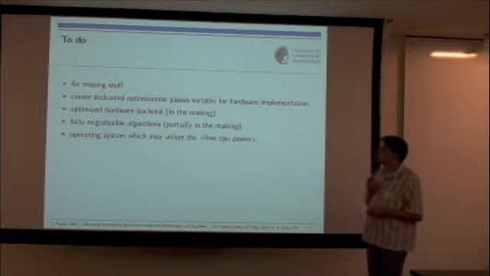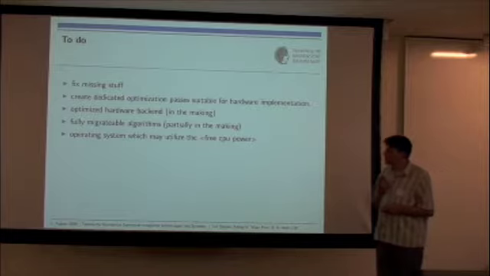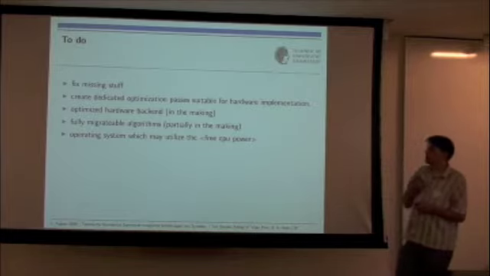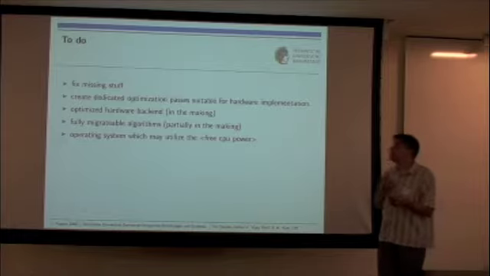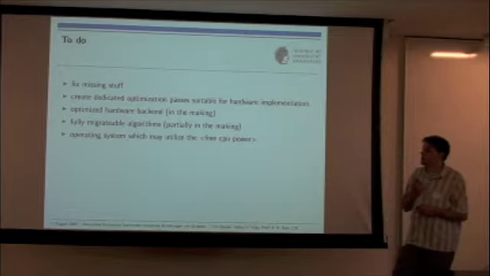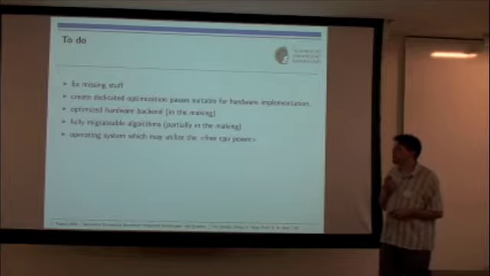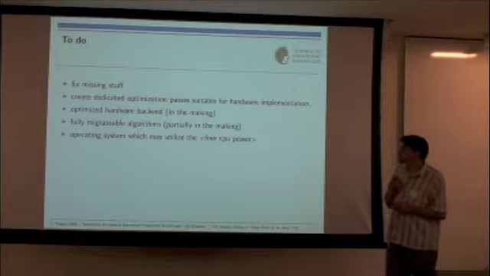And so I'm getting to the to-do. What's still to be done is to fix the missing stuff, like the extracting of the memory addresses, and fix some corner cases if I'm feeding it more complicated examples.